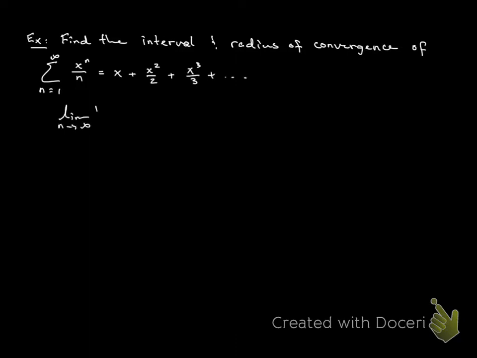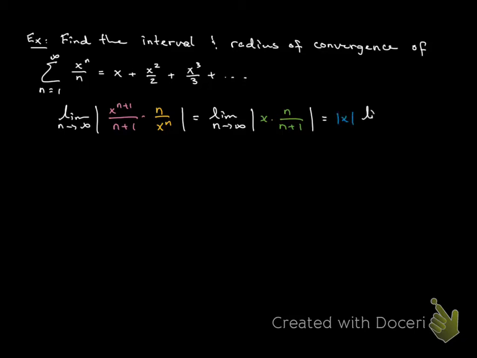When I use my ratio test, I get some cancellations again, but only x to the n cancels. I'm left with an x out front here and an n over n plus 1. Again, I can take out this x in absolute value, and n divided by n plus 1 is positive for sure.